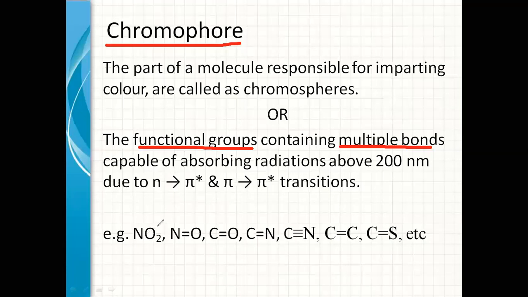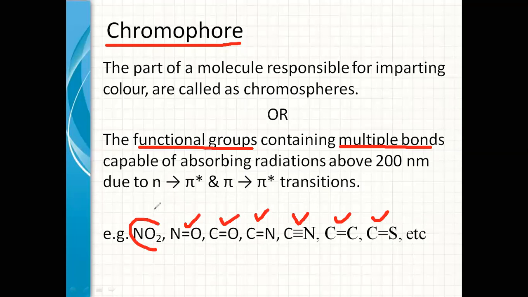For example, these are chromophores: carbon oxygen double bond, carbon nitrogen double bond, carbon nitrogen triple bond, carbon carbon double bond, carbon sulfur double bond. So these are all capable of absorbing radiation above 200 nanometers.